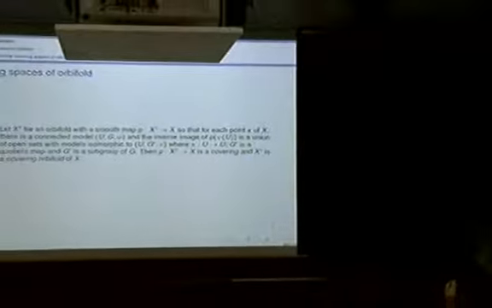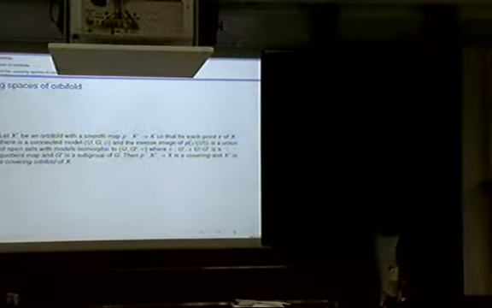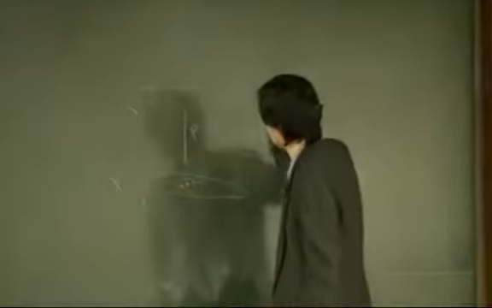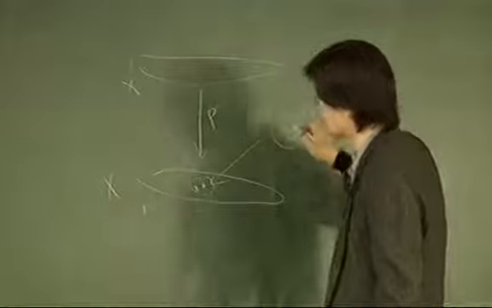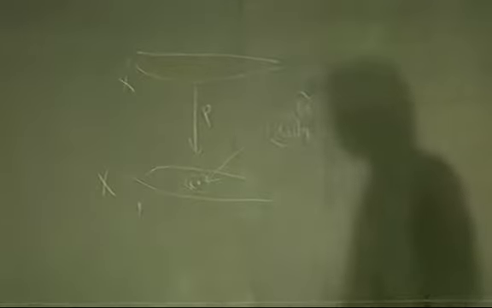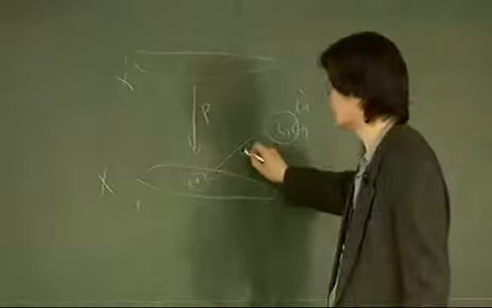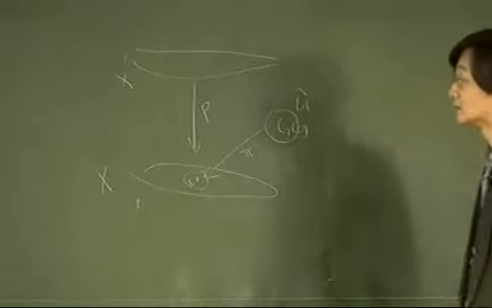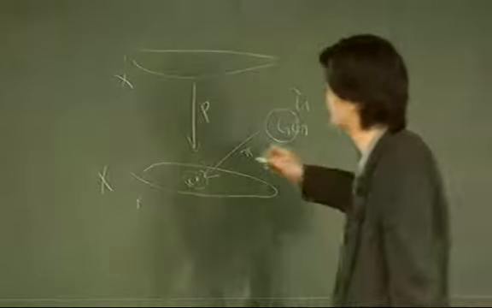This is p, and you take some point x, and basically this will be a quotient of some u tilde, where g is acting on it. And this will be the chart pi, not to be confused with the other pi.